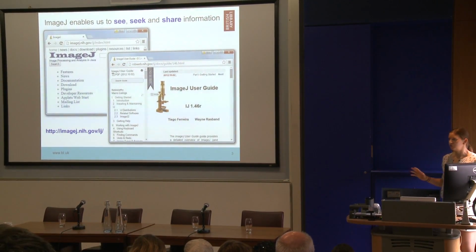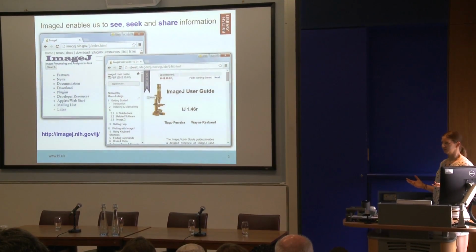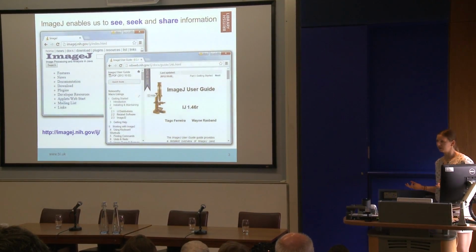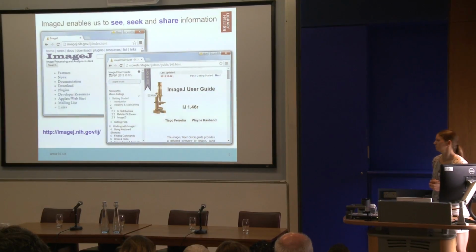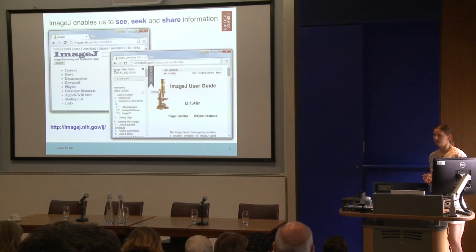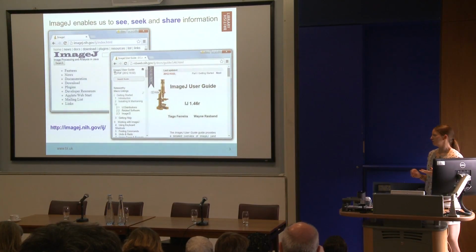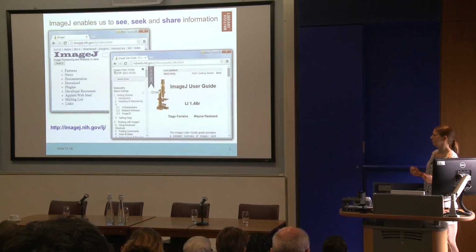It also has a huge user community, so there's thousands of people actively using ImageJ, and there's forums out there, and if you have any questions, people are more than eager to help you or to write programs for your specific task. It was initially designed as a medical imaging tool, so for the National Institutes of Health in the States, in order to look at X-rays and CT scans and anything that had images in it.